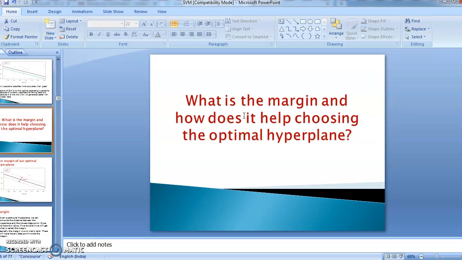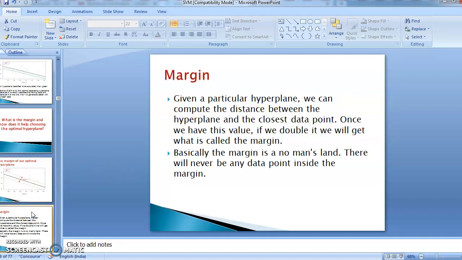These are the frequent questions. The points I am going to explain further are the ones you have to prepare for the exam as theory questions. The question is what is margin and how to select the optimal hyperplane with the help of margin. Let us first understand what we mean by margin.